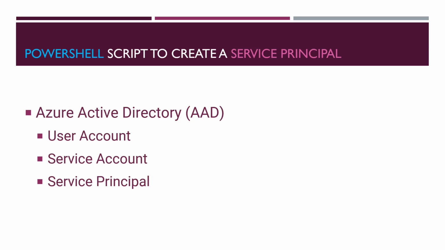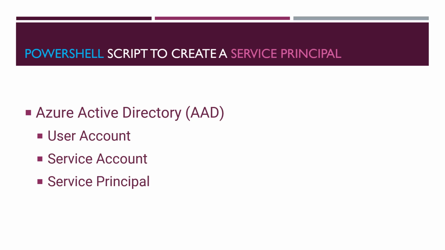So the service principal, just like a user account, just like a service account, it has an ID. It's called an application ID. It's also a GUID, so it's not like some human readable name, although it does have a name property to it. And the password to it is not called password. It's called a secret. And that's only one of two ways that you can have an authentication mechanism with this.